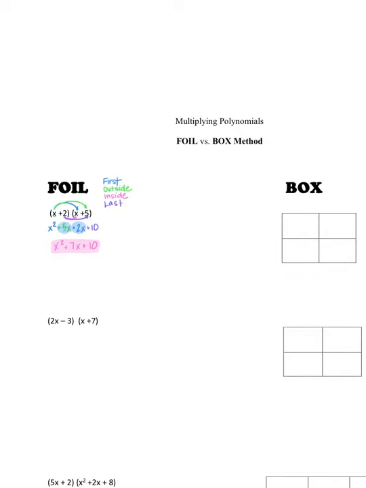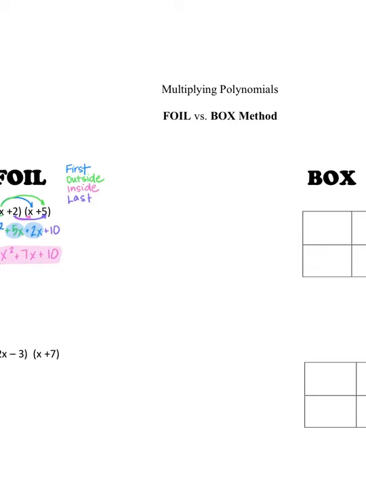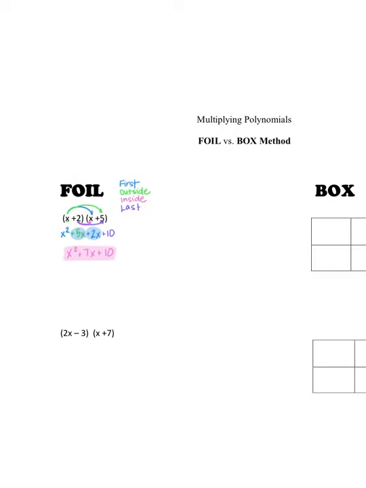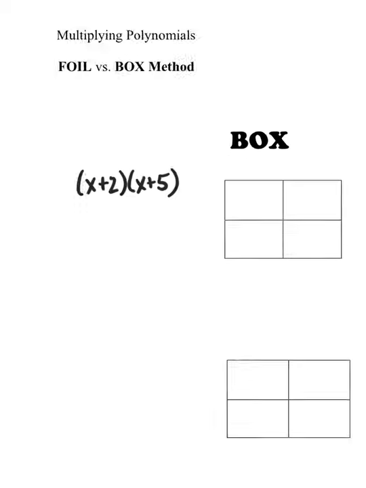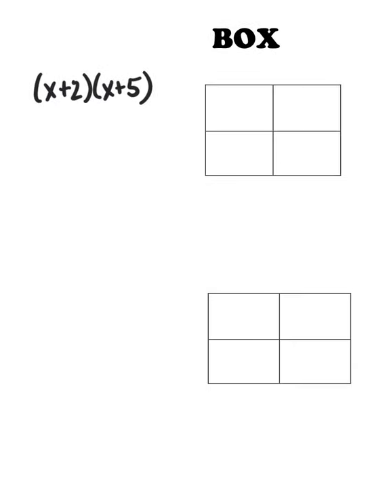Now, let's look at this as a box. Let me rewrite so I can zoom in here. We have x plus 2, x plus 5.